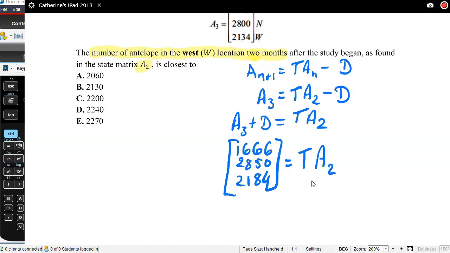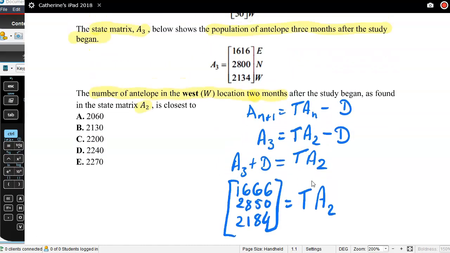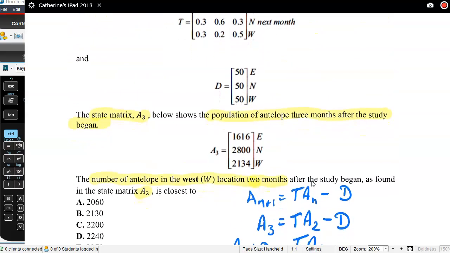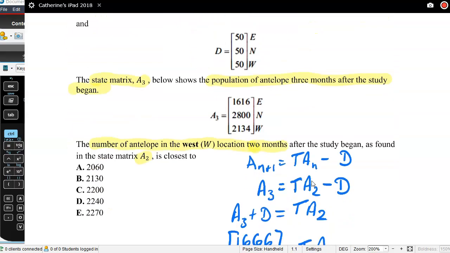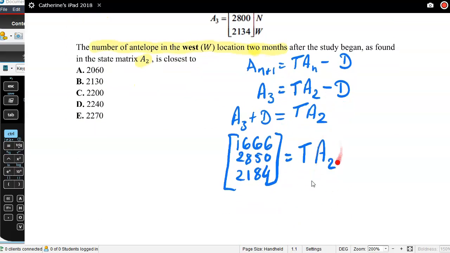Now again, we did that addition to give us that. We know what that transition matrix is. We want to figure out A2, don't we? Because that will then give us how many antelope were in the west then.